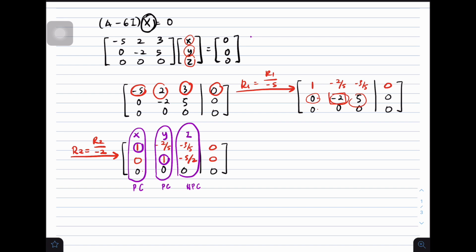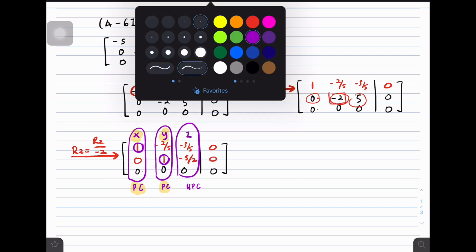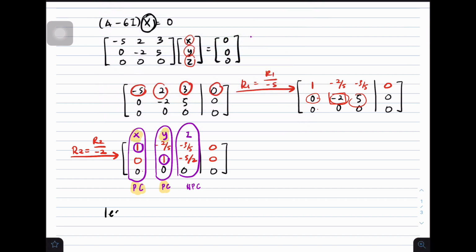The variable that belongs to a pivot column, we call a leading variable. So here our leading variables are X and Y, and the variable that belongs to the non-pivot column is a free variable. So our free variable here is Z.